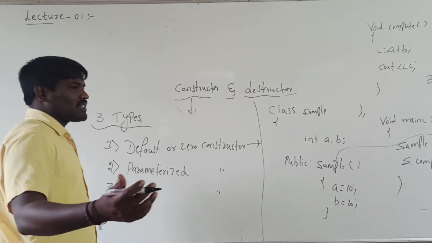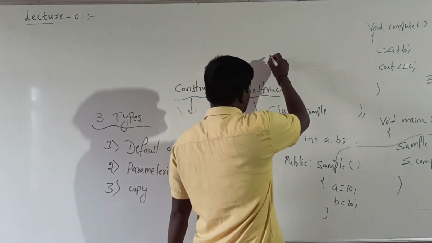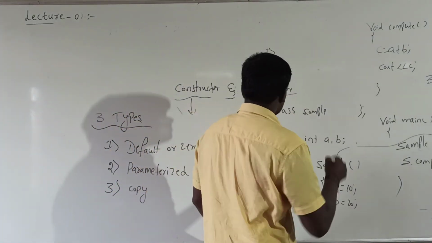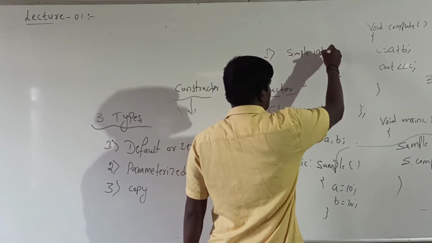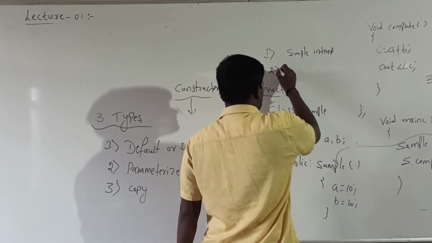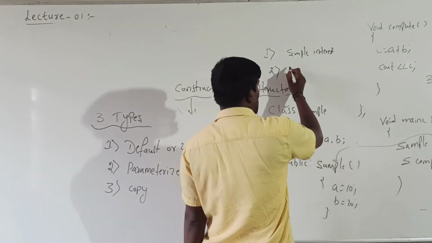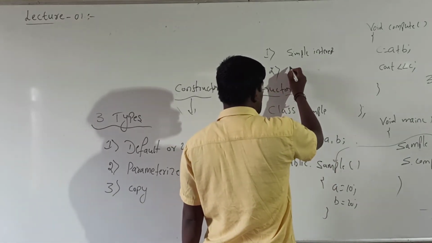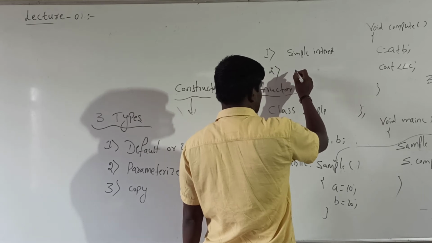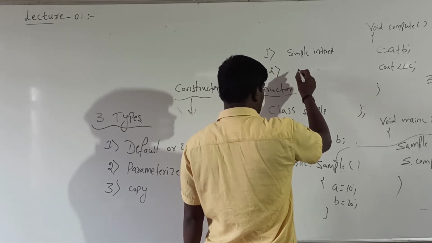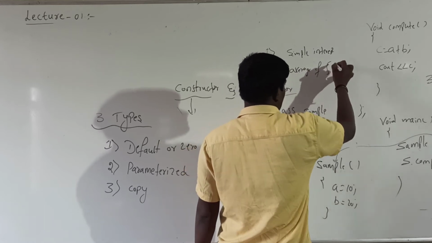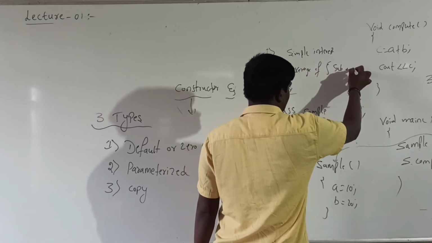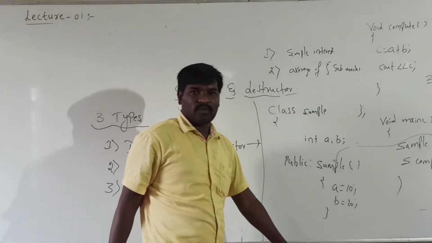So you can try two examples. The first one is simple interest. The second one is average of 5 subject marks, using the default constructor.